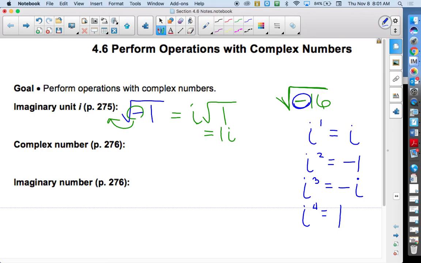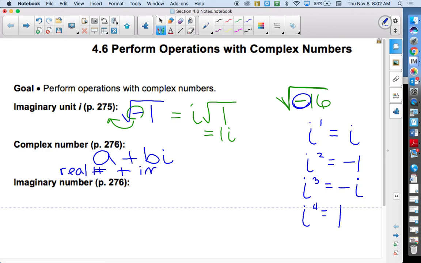So when we have an I squared, it really is the number -1. I cubed is -I, and I to the fourth is a positive 1, because I squared times I squared is -1 times -1. So any power of I can reduce to these actual values: an I, a -1, a -I, a positive 1.